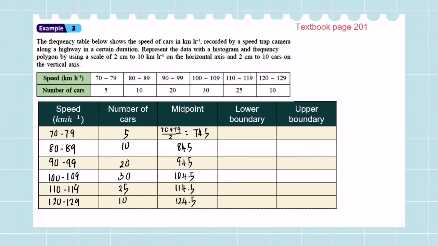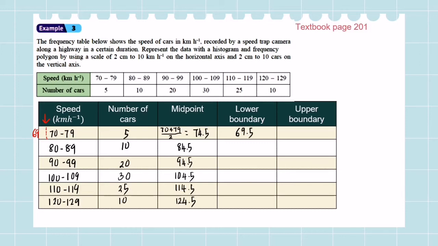Do you still remember the lower boundary, how to find it? Here, right, the boundary is here. So what is the lower boundary? Before 70 is 69. So the boundary is here, 69.5. If you're not sure, just 69 plus 70 divided by 2, you also can obtain 69.5.